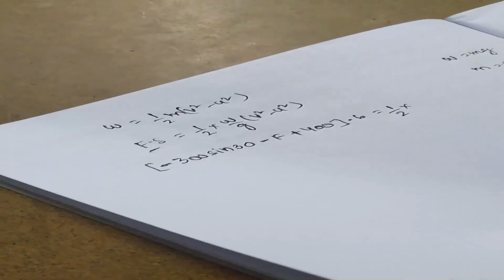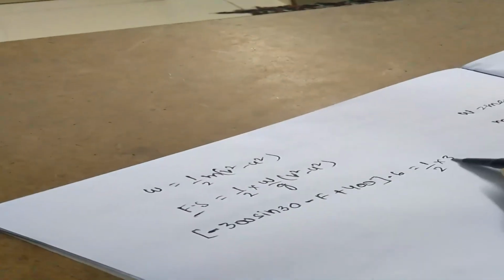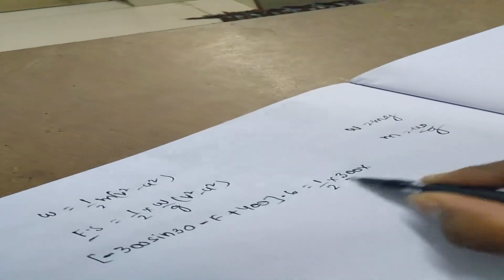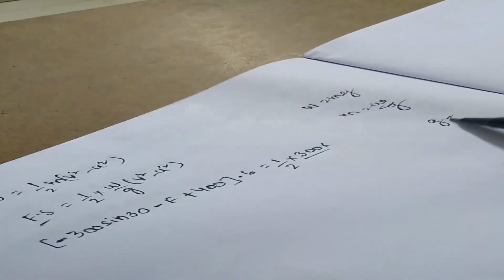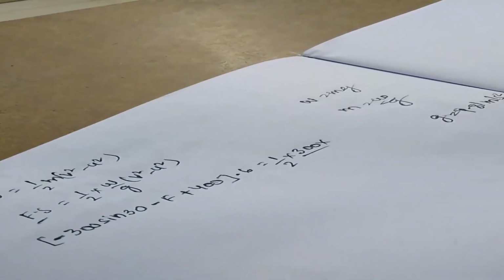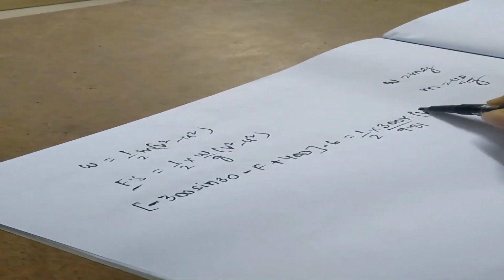Is equal to half into W. W is the weight, 300, so half into 300 divided by g, where g is 9.81 meter per second square, into v square minus u square. The final velocity v is what we have to find.